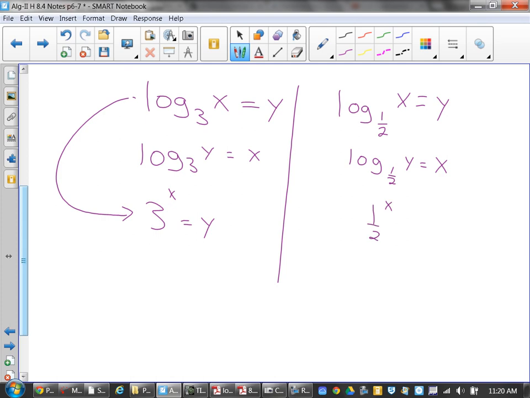Let x and y be the same number? No, because they're finding the inverse, not the x and y values. Wouldn't it be 1/2 y equals x?